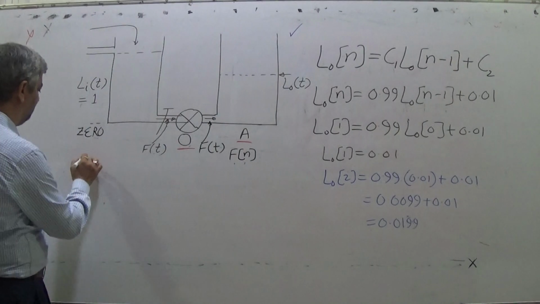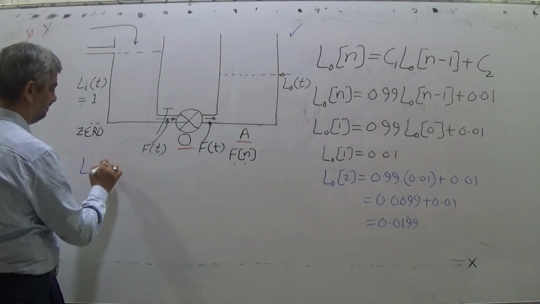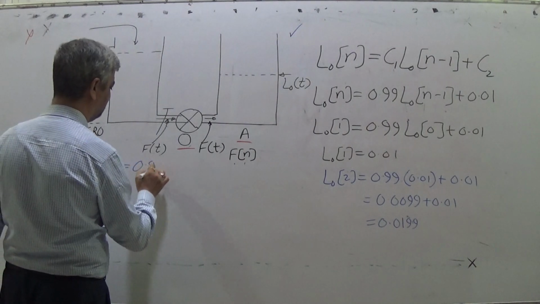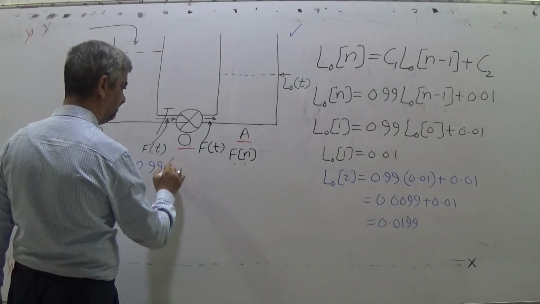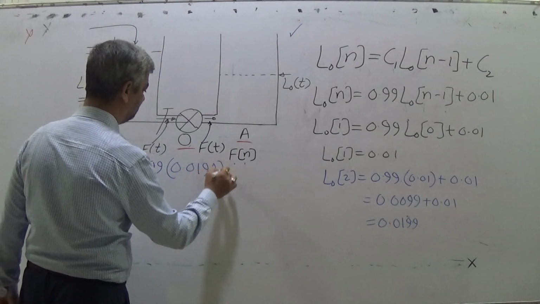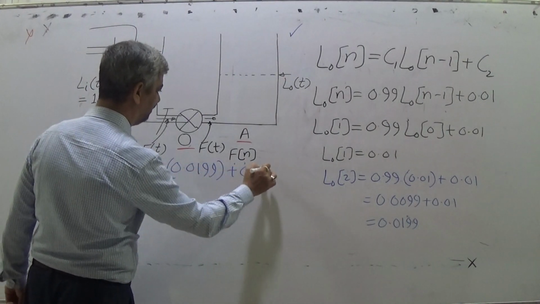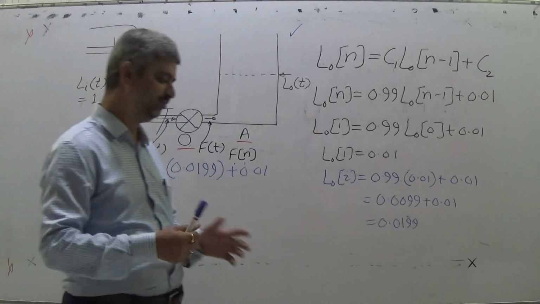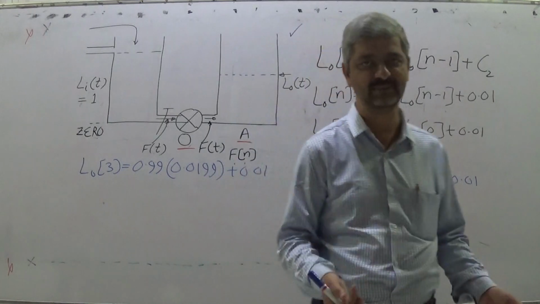What is LO3? LO3 is equal to 0.99 into 0.0199 plus 0.01. So like that, now you have learnt C programming.